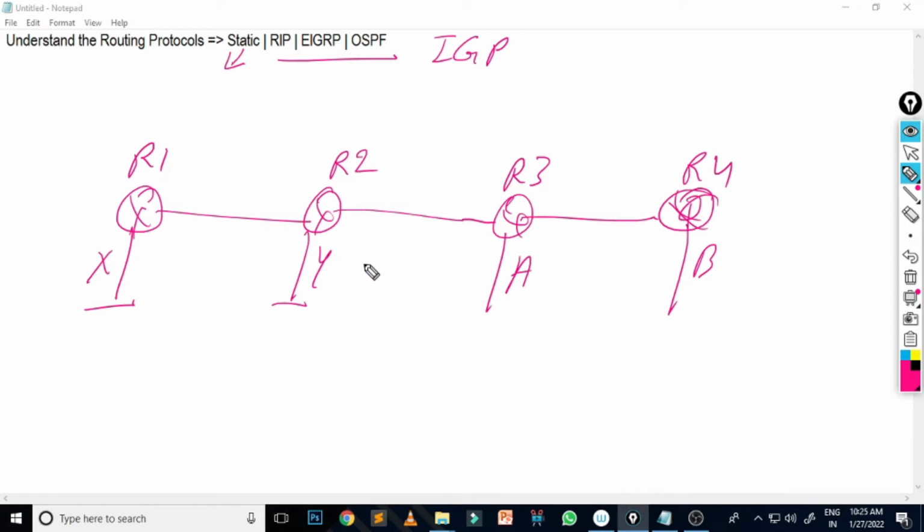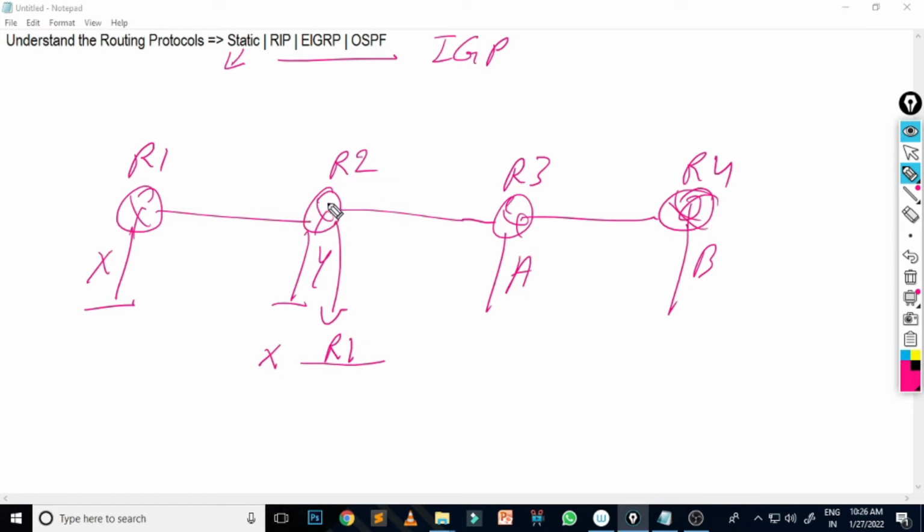Let's say we are going to configure this network based on static routing on router number 2. If I'm going to configure the X network, we also need to provide the direction. Let's say the X network is towards router number 1.